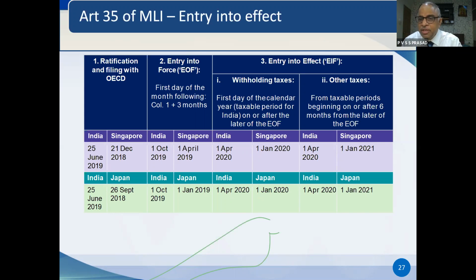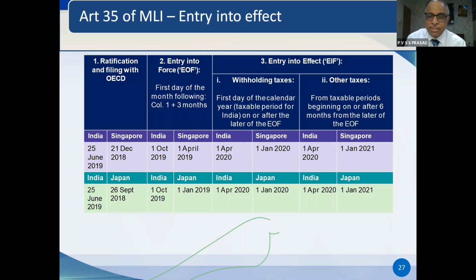For Singapore, when is their taxable year starting? After the latest date, after 1st October, that is 1st January. On 1st January itself, they will start applying withholding tax rates as per the MLI-impacted tax treaties.